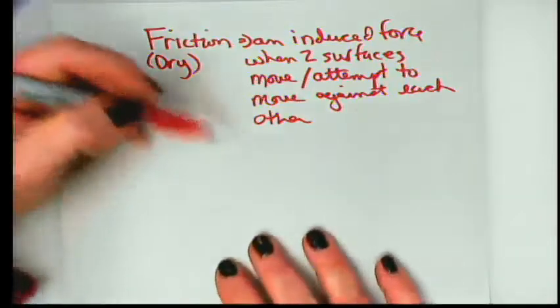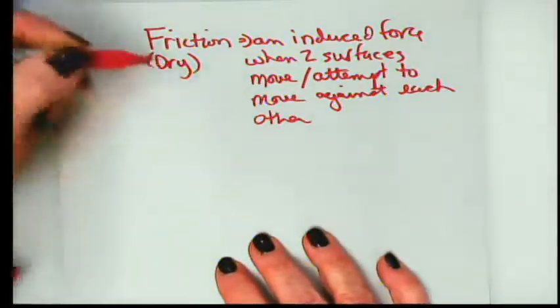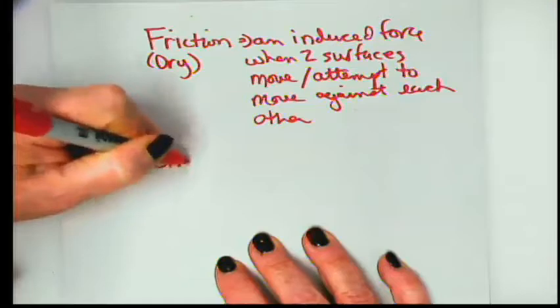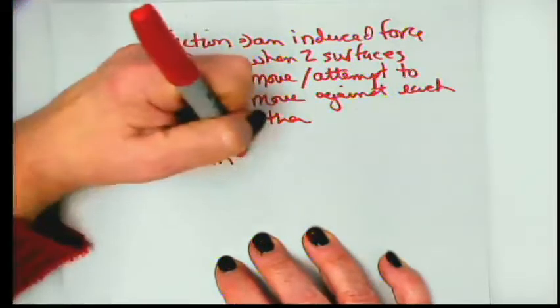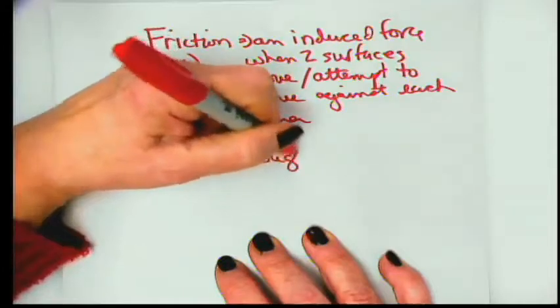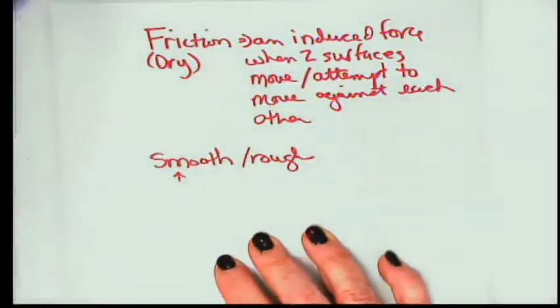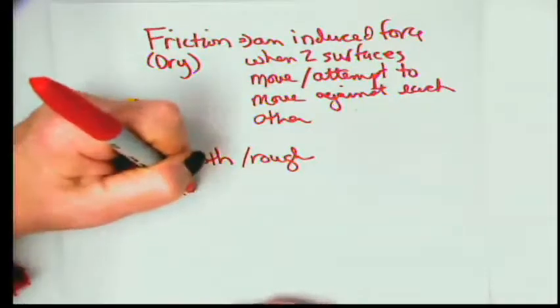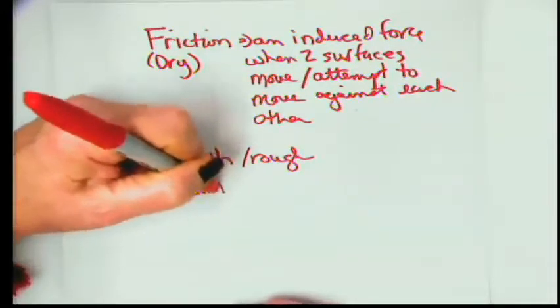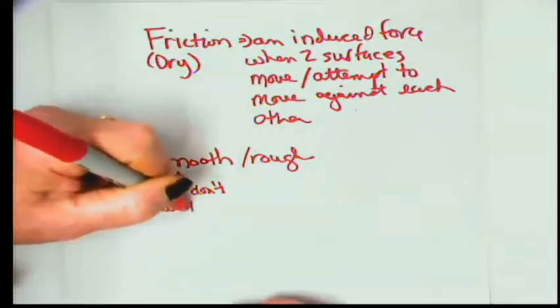Now, one of the things that we have talked about in the past is we've used the term that the surfaces in contact are smooth or rough. And smooth is basically the key word or the code for you don't have to account for friction.